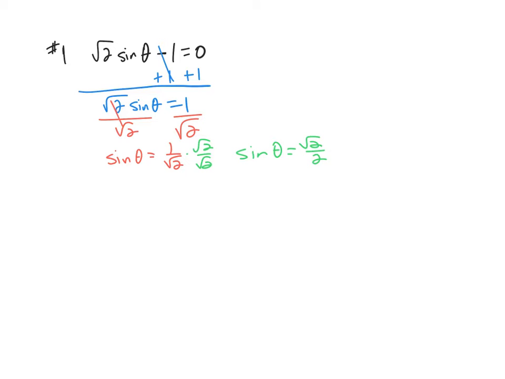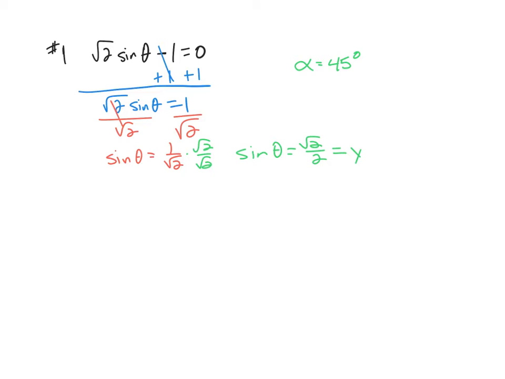Now this is where I need to figure out what theta values would give me that ratio of square root of 2 over 2. Sine is a y value, like y over r, so over 1 it's just the y value. So I want to know what angle measures have a y value of square root of 2 over 2.